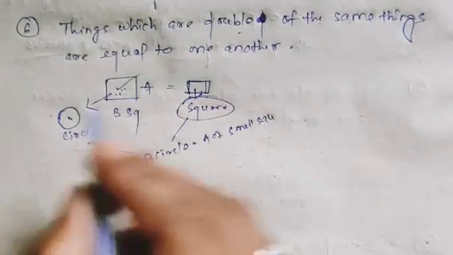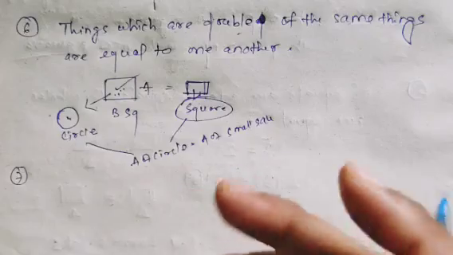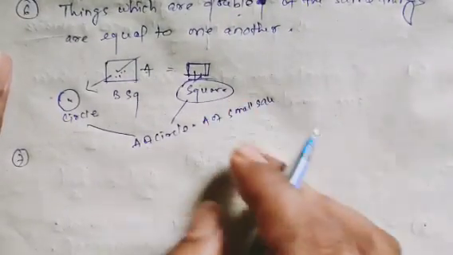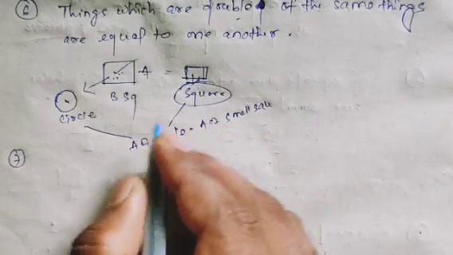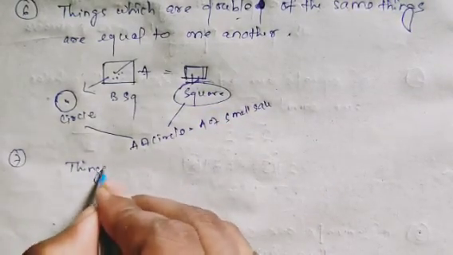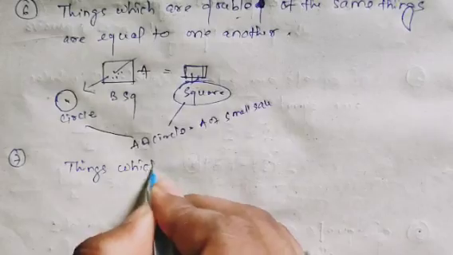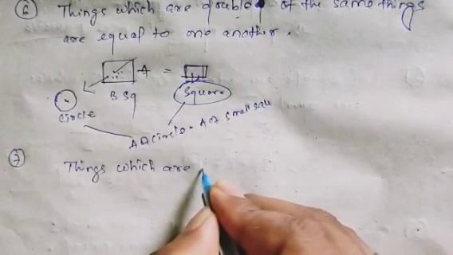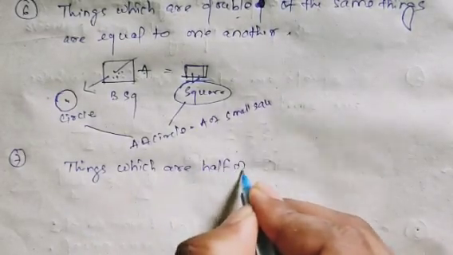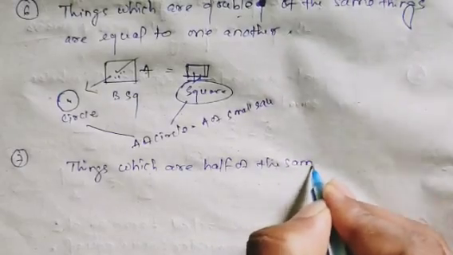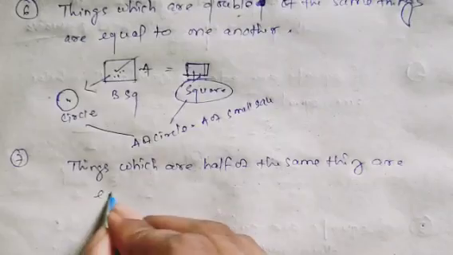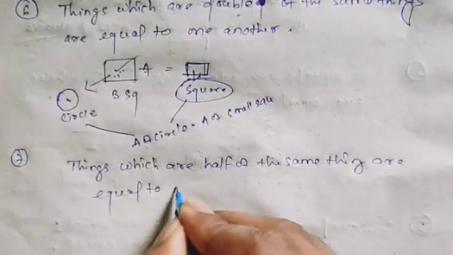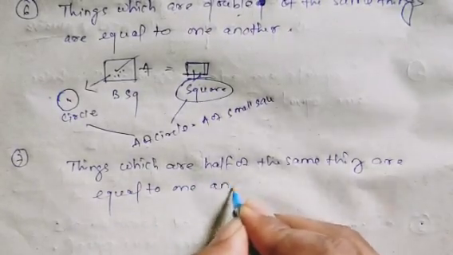Understand? In axiom number 7, the reverse is given: things which are half of the same thing are equal to one another.